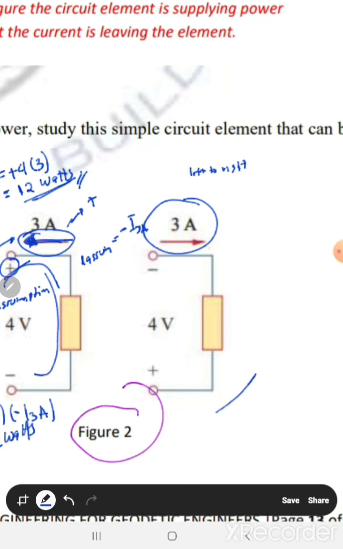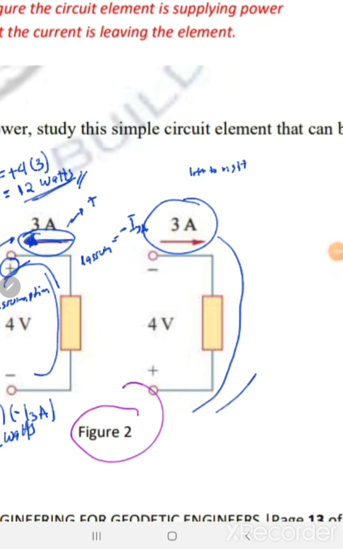So, yung positive 3 mo, hindi na ako magbabago ng direction, hindi ko na siya babaliktarin. So, I may assume that this will be positive 3. Okay? So, it will enter your positive 4 volts.